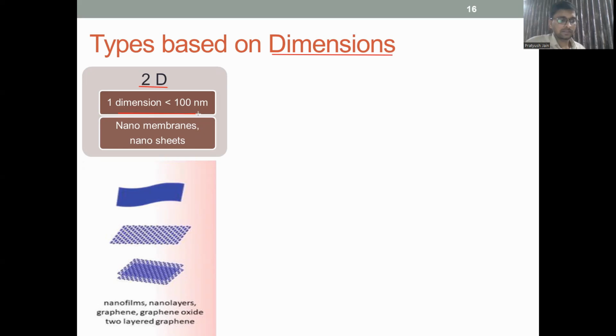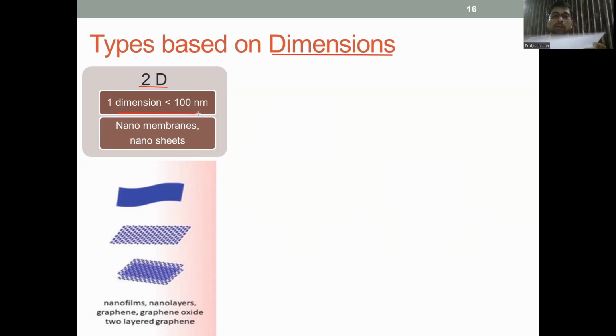Just imagine this: two of its dimensions, its length and its breadth, can be bigger than 100 nanometers, even in macro scale, whereas one of its dimensions, say its width, has to be smaller than 100 nanometers.